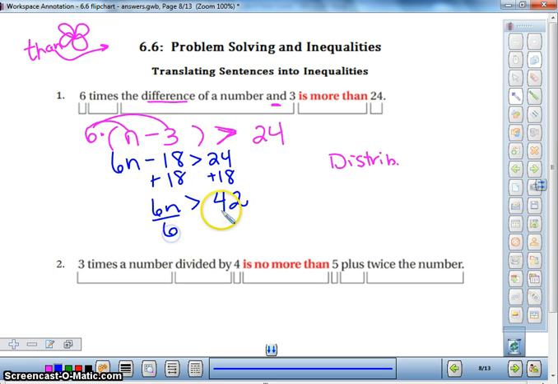We divide by our coefficient, which is 6, and n is greater than 7. If I pick any number greater than 7, like 10, 6 times 10 minus 3, 10 minus 3 would be 7. 6 times 7 is 42, that's greater than 24, and it checks.